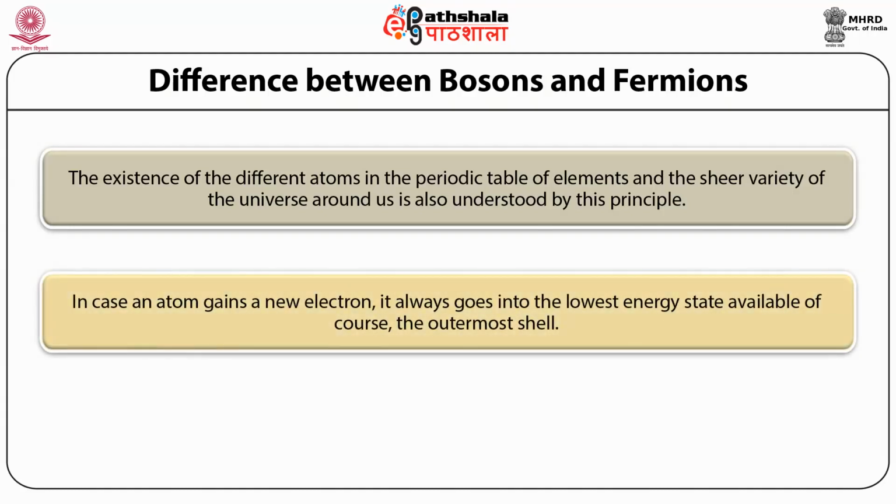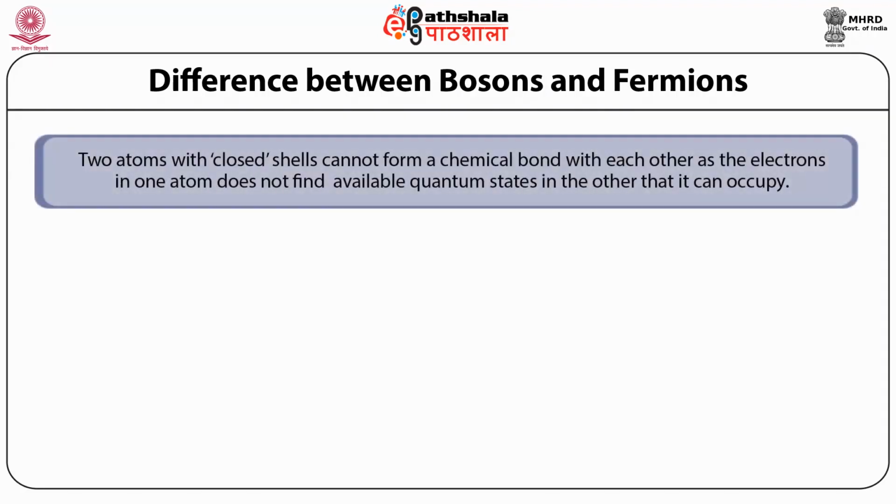In case an atom gains a new electron, it always goes into the lowest energy state available, of course, the outermost shell. Two atoms with closed shells cannot form a chemical bond with each other, as the electrons in one atom do not find available quantum states in the other that they can occupy.